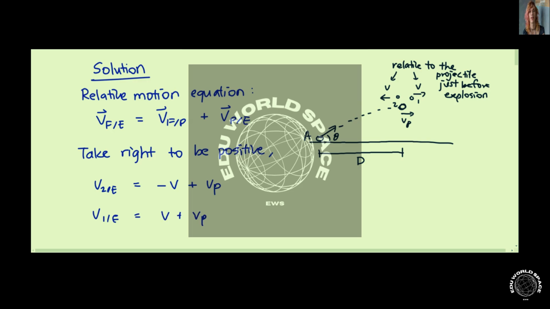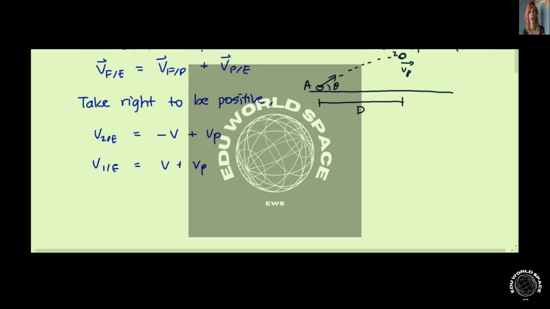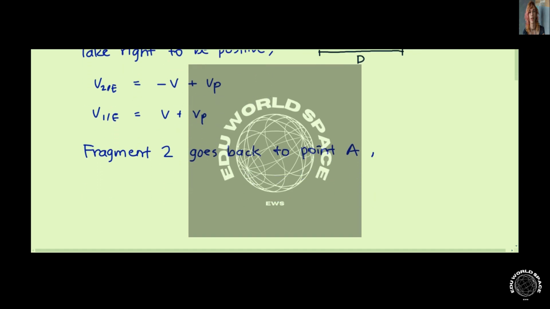For fragment 2, we know that it goes back to point A. So this means that negative v plus vp equals negative vp.